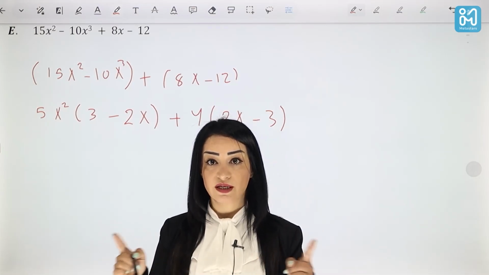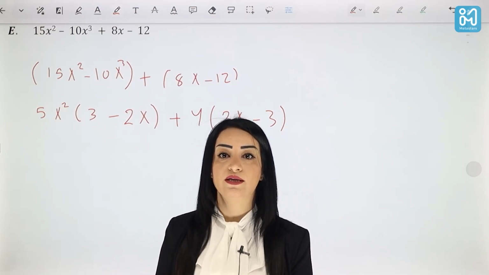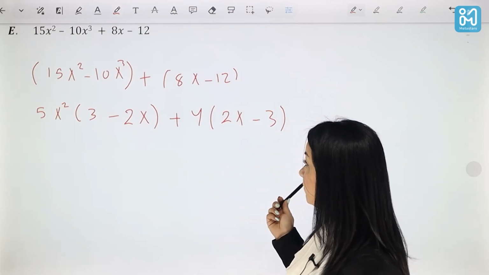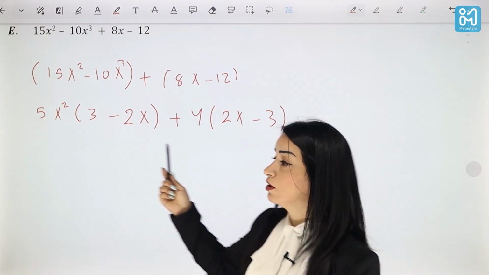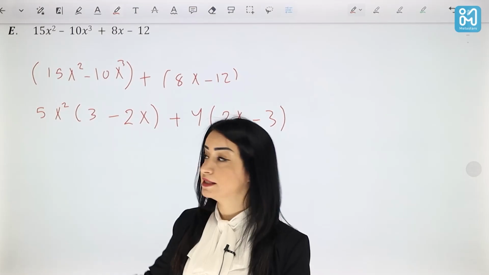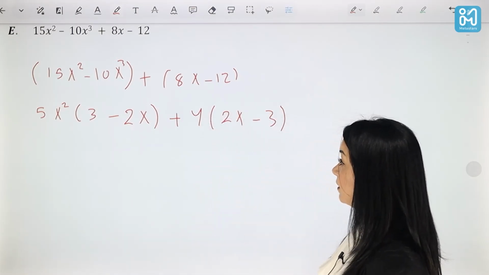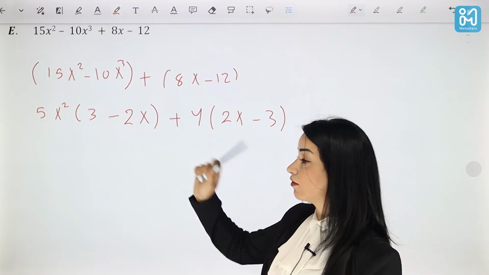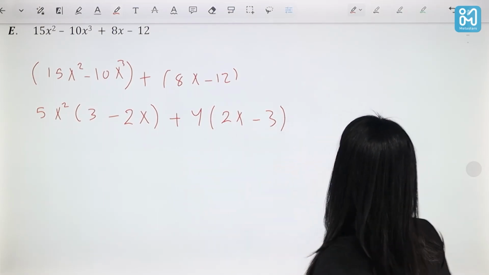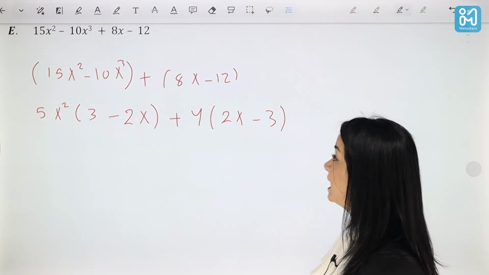To convert the two parts to each other, I can take the negative outside from this one, or we can take the negative outside from this one. So let's take the negative from the second parenthesis. So here, instead of taking 4, what will I take again? I will take negative 4.